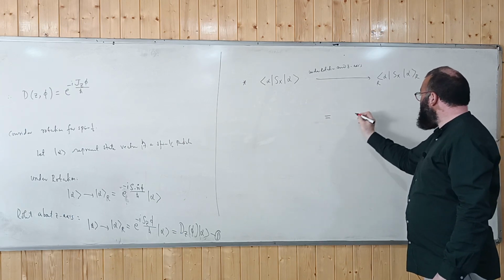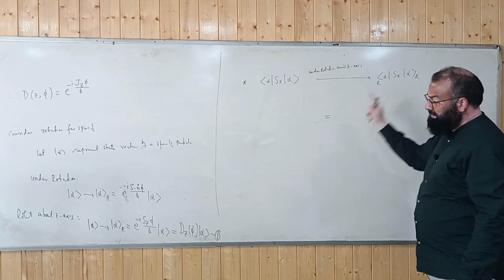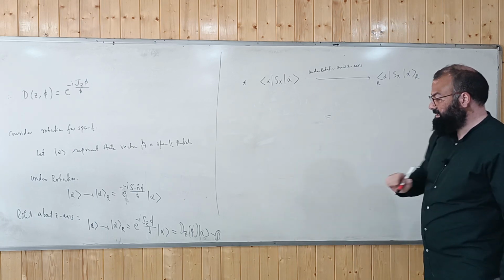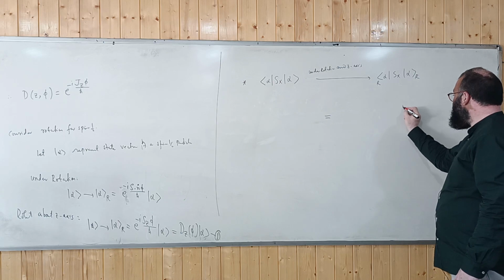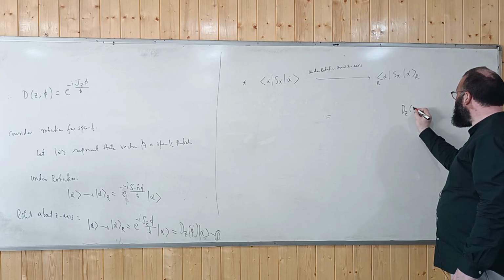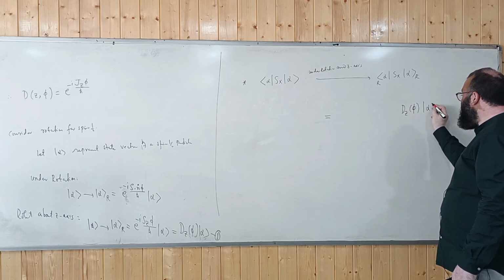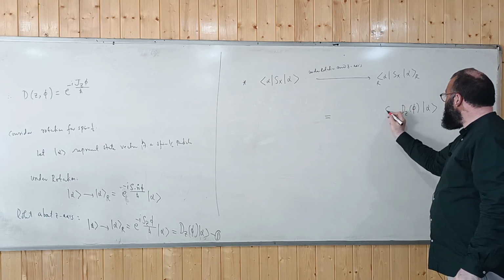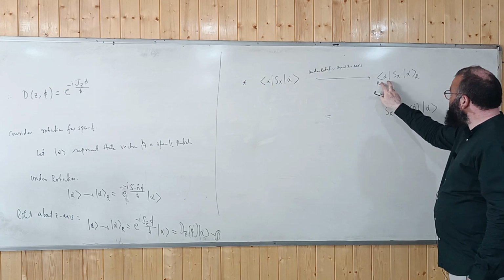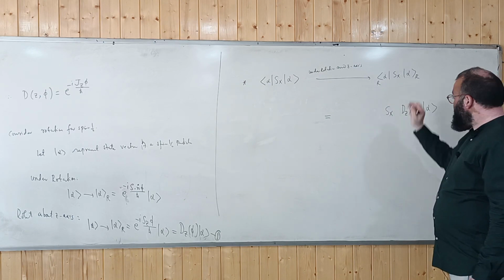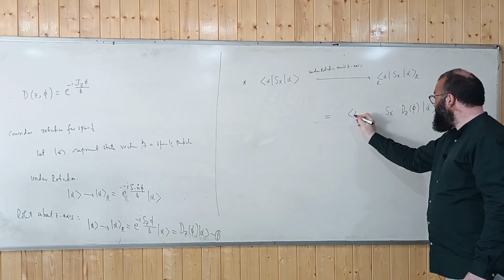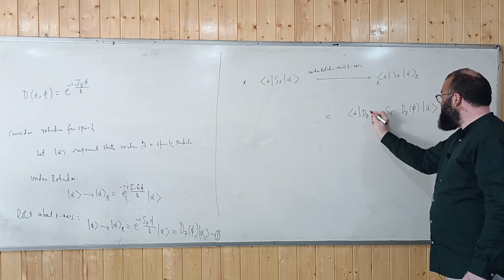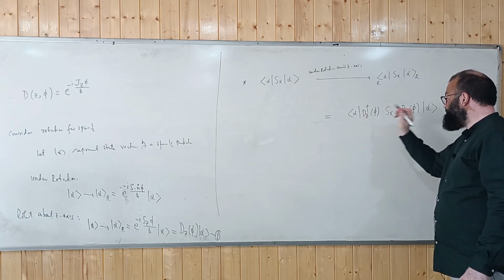What is this alpha rotated? Alpha rotated is Dz of phi acting on alpha unrotated. Then you are having Sx. This object is actually the conjugate of this thing, so I will write it as alpha, then Dz dagger of phi.